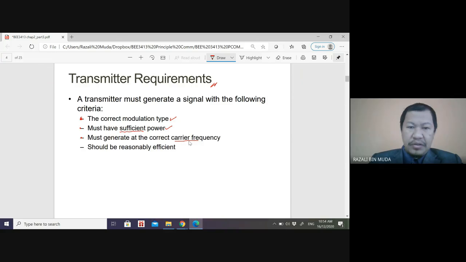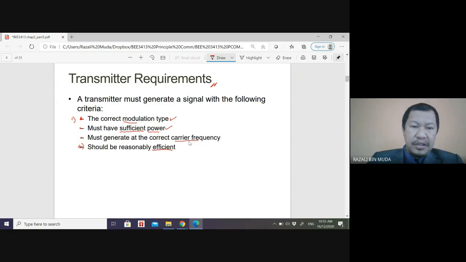Okay, frequency carrier, power, modulation. And fourth, should be efficient. So we have four important criteria for the signal of the transmitter.